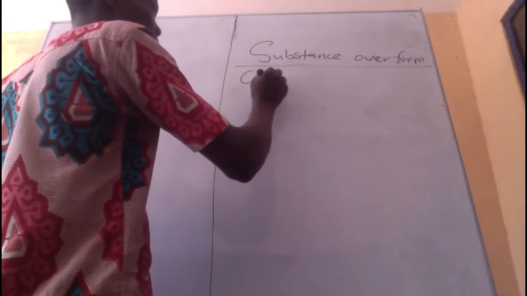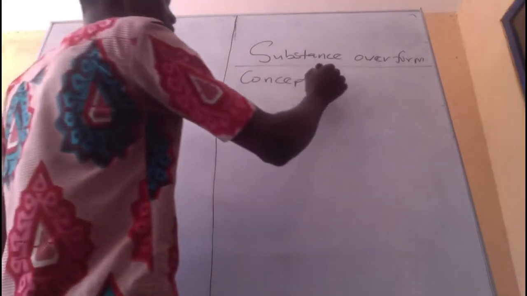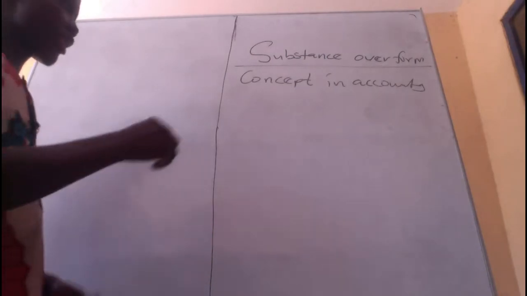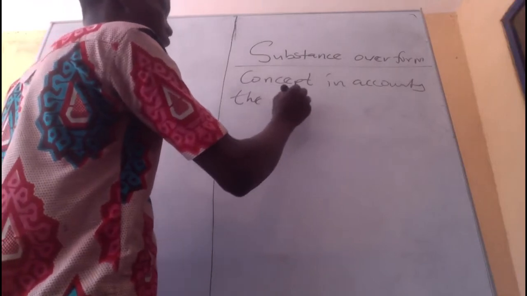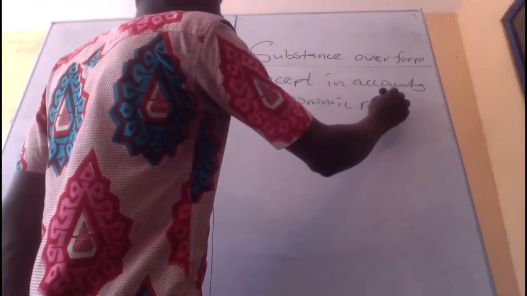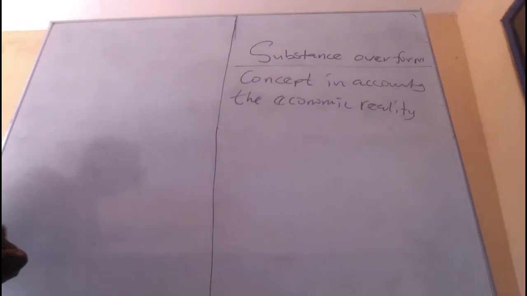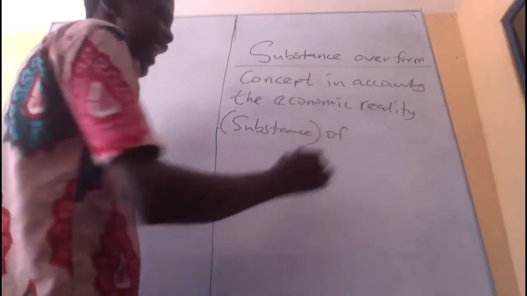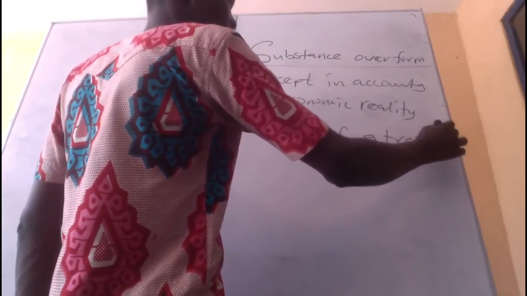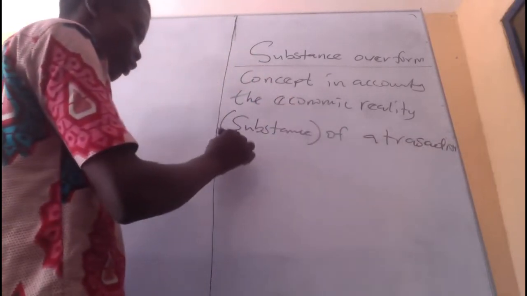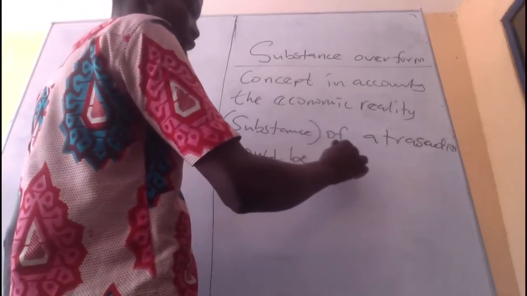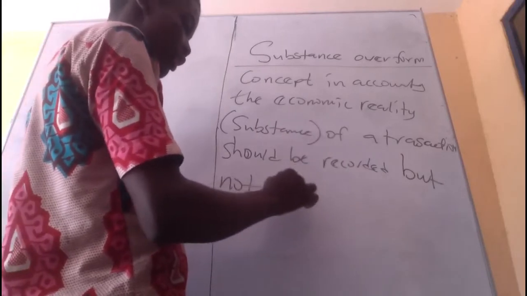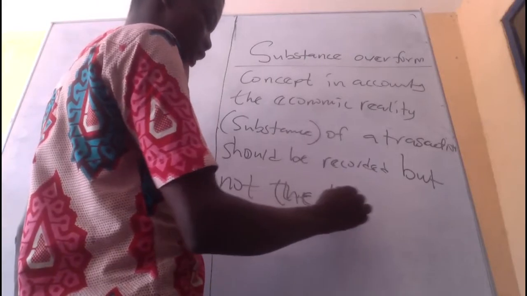It's a concept in accounting that states that the economic reality, in brackets the substance, of a transaction should be recorded, but not the legal form.